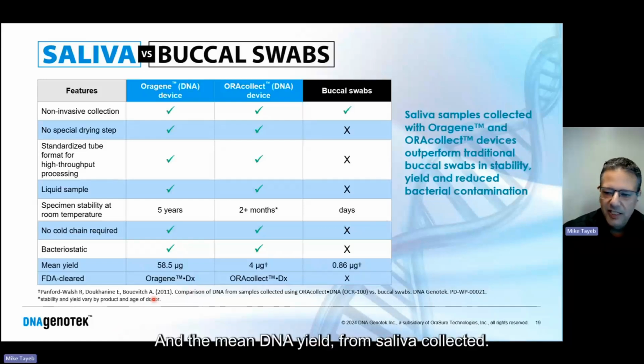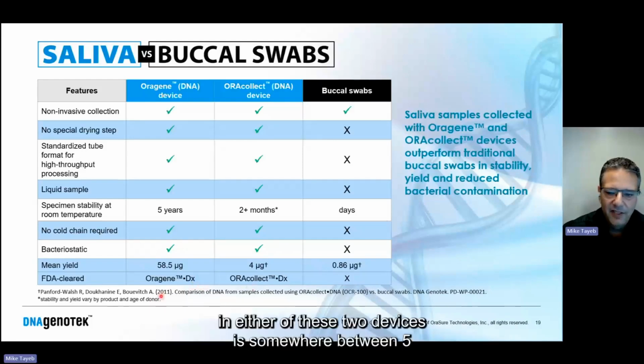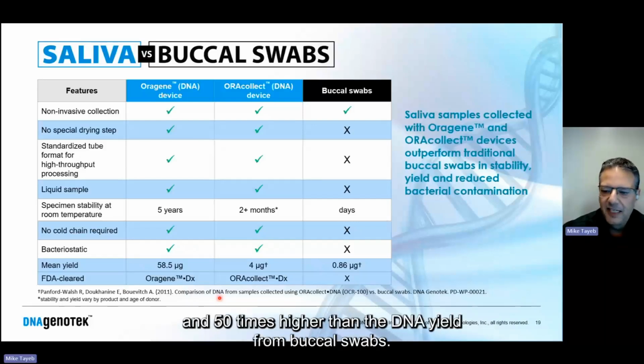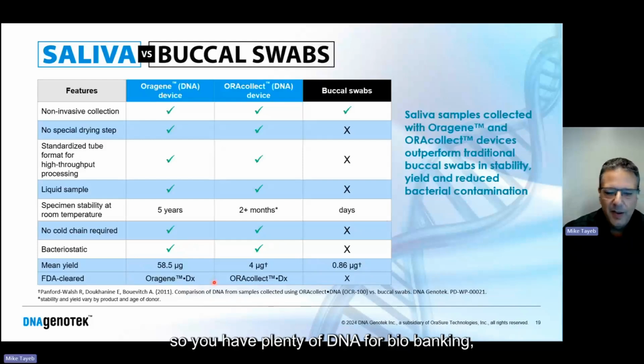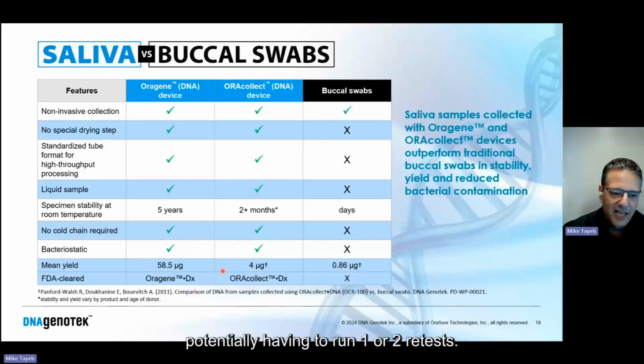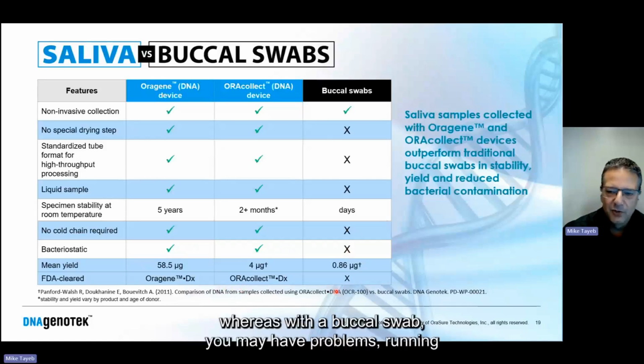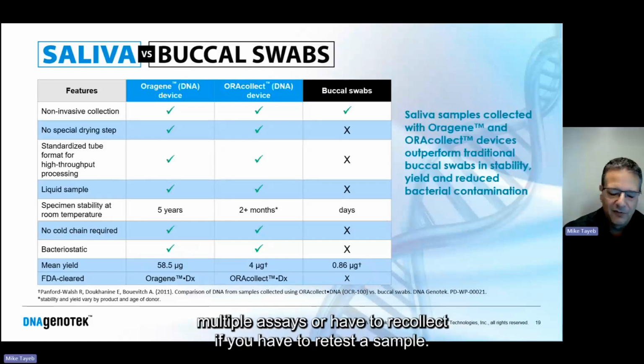And the mean DNA yield from saliva collected in either of these two devices is somewhere between 5 and 50 times higher than the DNA yield from buccal swabs. So you have plenty of DNA for biobanking, for running multiple assays, for potentially having to run 1 or 2 retests. Whereas with a buccal swab, you may have problems running multiple assays or have to recollect if you have to retest a sample.